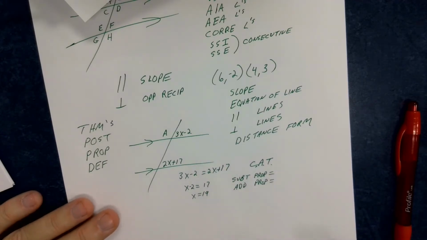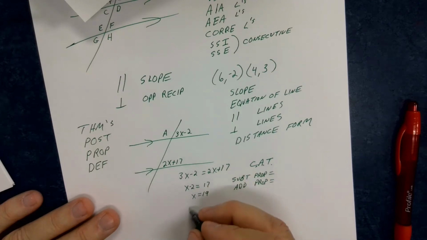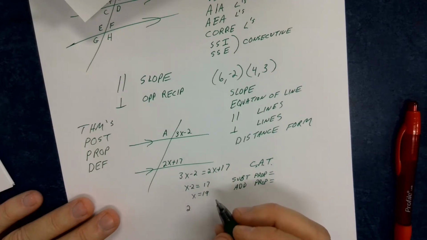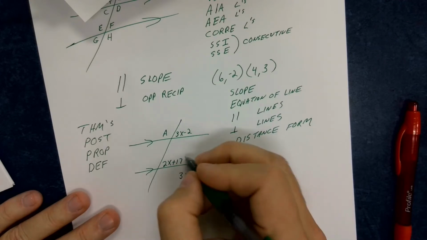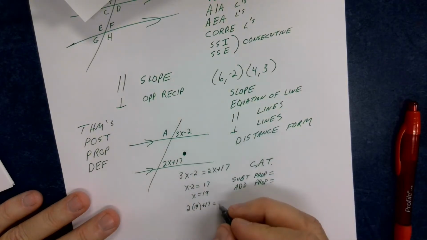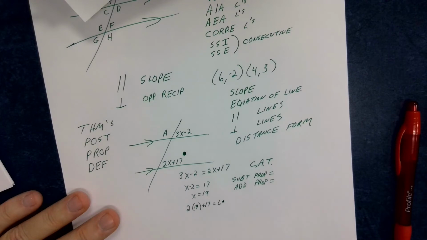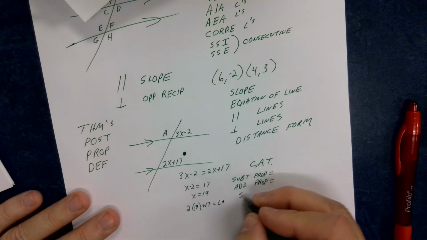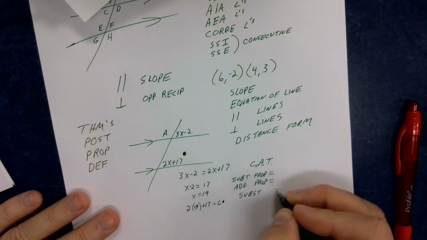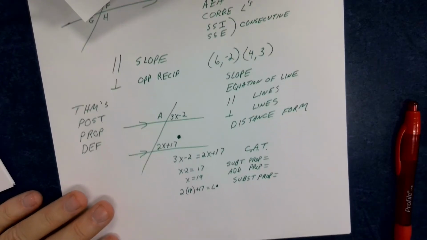So I got that. Then I can write 2 times 19 plus 17 equals, we'll call it angle dot. I'm just making stuff up right there, but we'll call it angle dot. Or if you want to plug it into 3x minus 2, it doesn't matter. But that's a substitution property of equality.